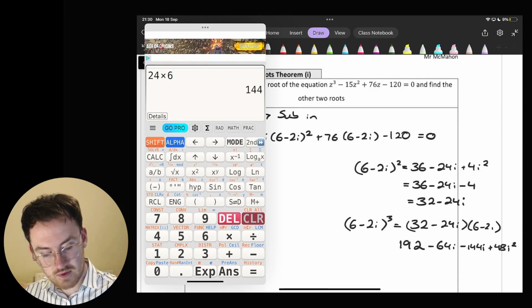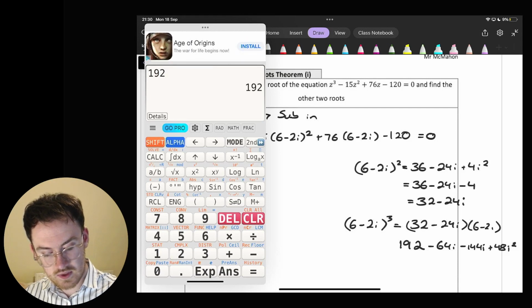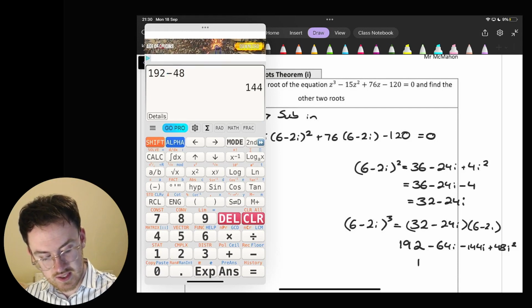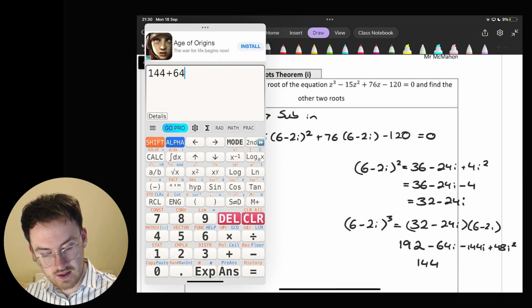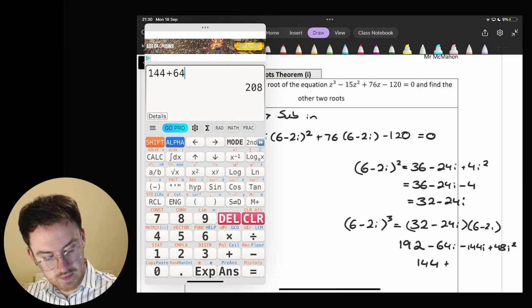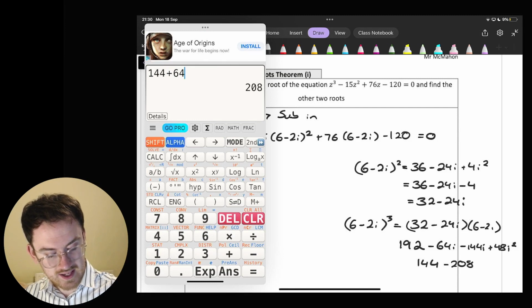If we simplify all of that down, 192 take away 48 because of the i squared there, we get 144, minus 208i.